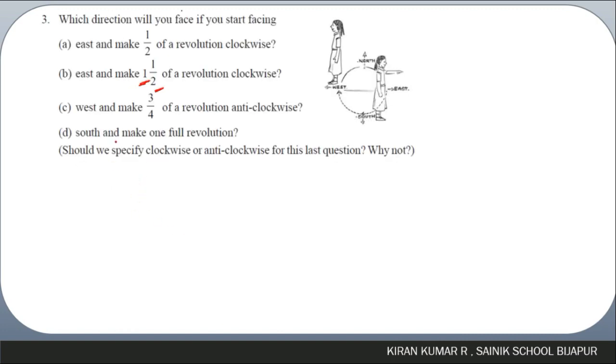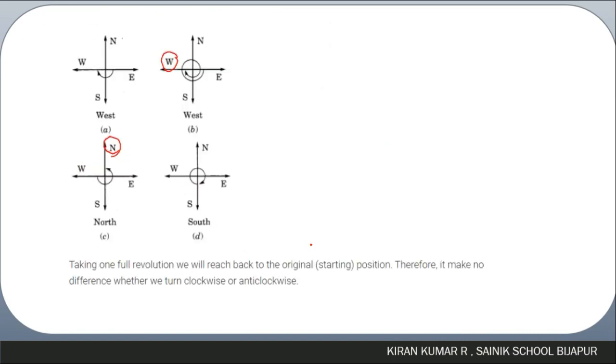Next, fourth one we have south, starting from south and making 1 full revolution, again it comes back at south. Taking 1 revolution will reach back the original or the starting position. Therefore it makes no difference whether we turn a clockwise or anti-clockwise direction.